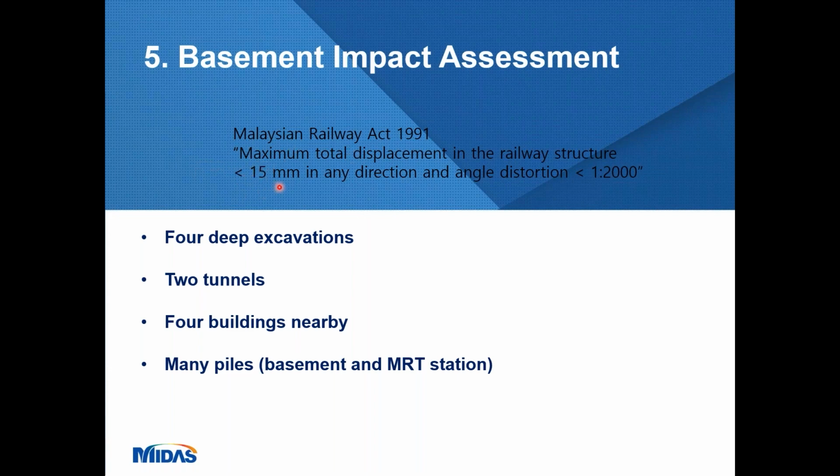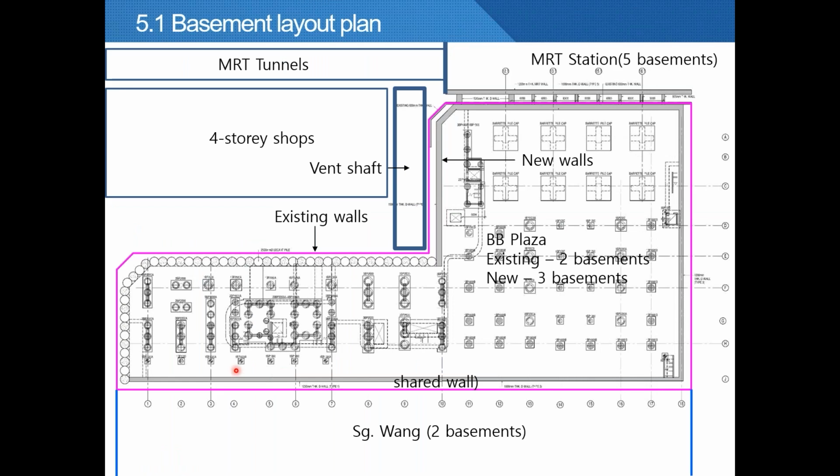This model includes 4 deep excavations, 2 tunnels, 4 nearby buildings, and many piles, which were used to support slabs and for temporary structures. This is the layout plan of the basement excavations.